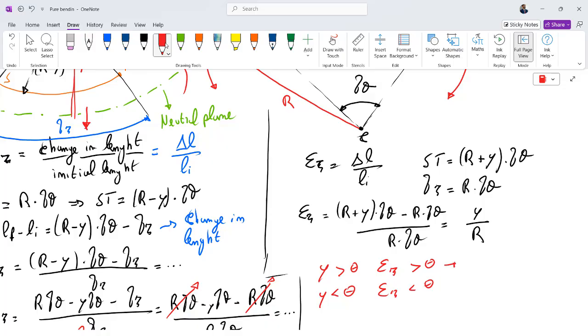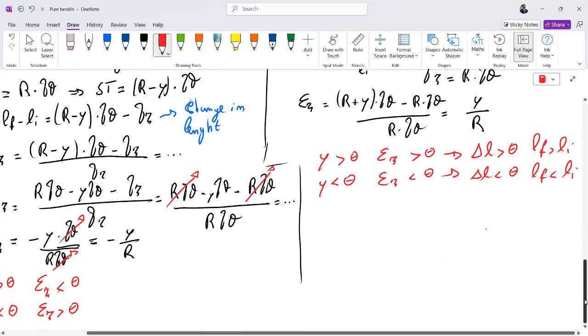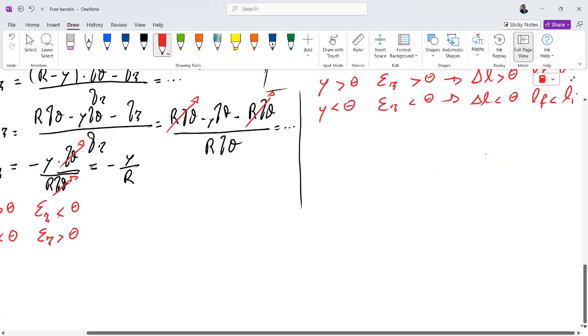So this fiber has delta L greater than 0. This fiber has delta L less than 0 because the final length L_f here is greater than L initial. Here instead L_f is less than L initial. So this is the consideration to do in this case.